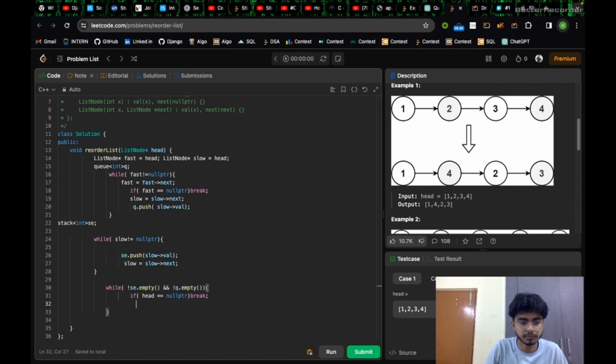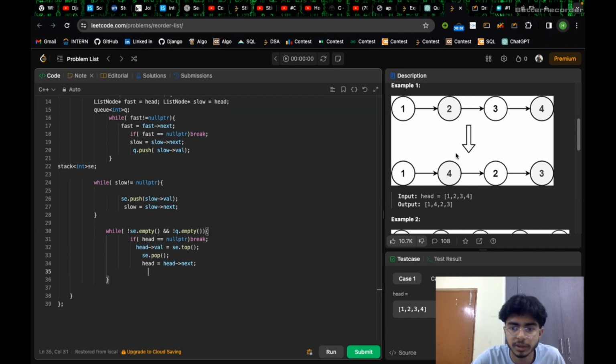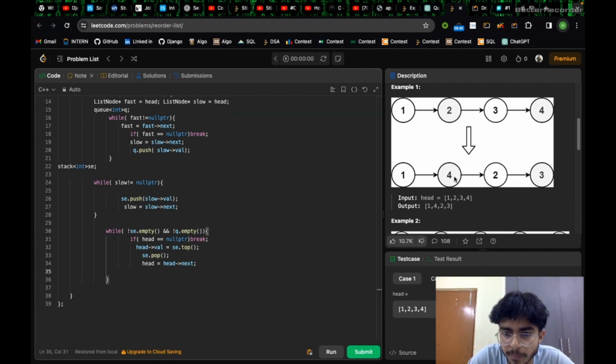So head value would be equal to stack top. In the example, the first one would be 4, which comes from the stack. So we have filled it.